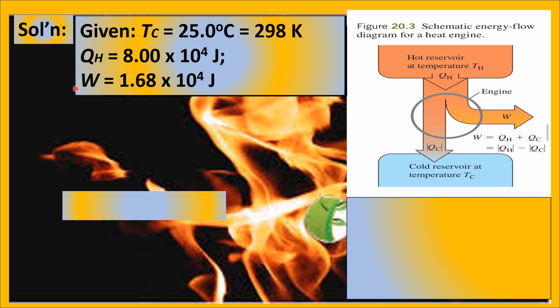But before that, we first take a look at the given data in this problem. So we have the temperature at the cold reservoir equal to 25.0 degrees Celsius, which when converted to Kelvin is equal to 298 Kelvin. We are also given the input heat labeled as Q sub H, and that is equal to 8.00 times 10 to the fourth power joules.